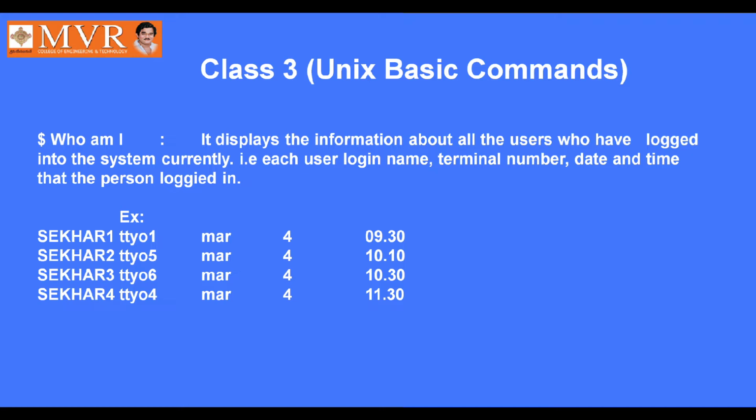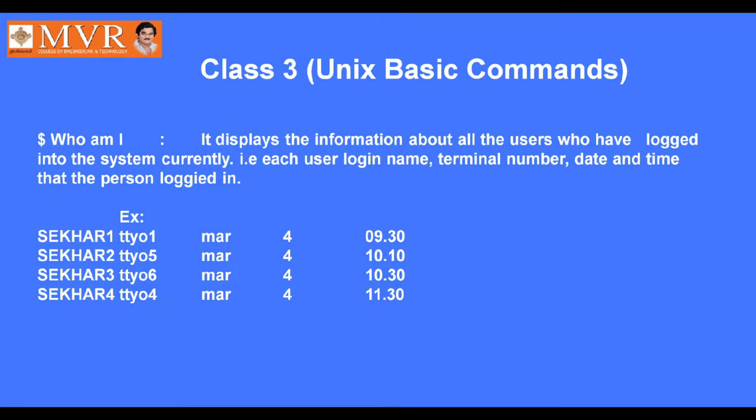For example, in our computer lab, if 20 of you are working and you type who am I, it displays all the 20 user names as well as the terminal numbers on which system they are working. That is nothing but the terminal number.